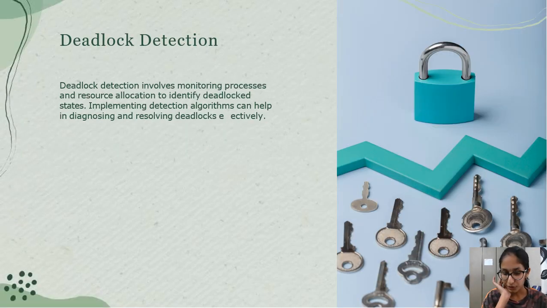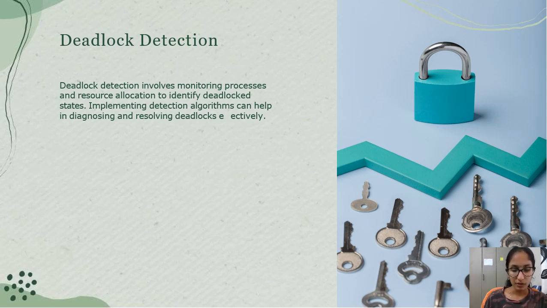How are deadlocks detected? In an operating system, it involves identifying situations where deadlocks have occurred so that the system can take corrective action to recover from it. It is one of the strategies for handling deadlocks, often used when deadlock prevention or avoidance is not feasible. System model, where resources like memory, files, and CPU are categorized into types, each with multiple instances.